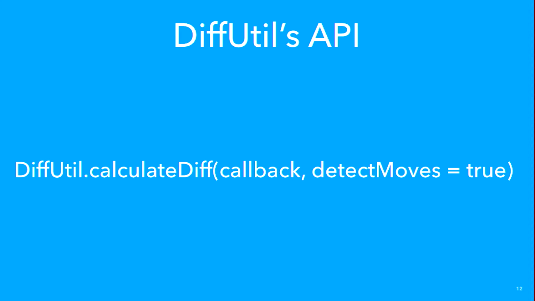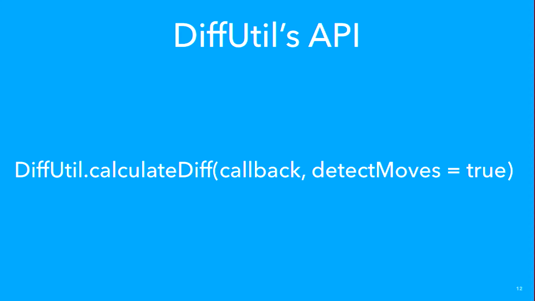But if you don't need to detect movement within your data changes, then consider changing this to false, because you can actually save a lot of computation time. It's an additional O of n squared, where n is the items in your data set, calculation to repass over your data set to check for movement.